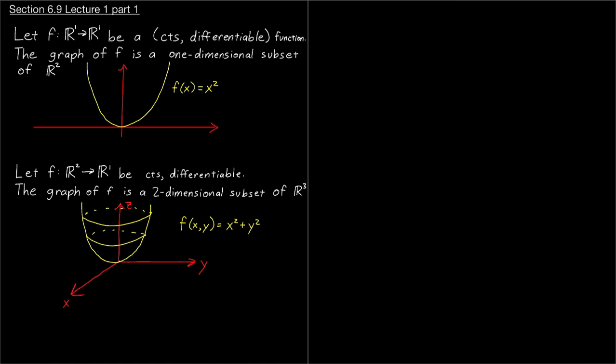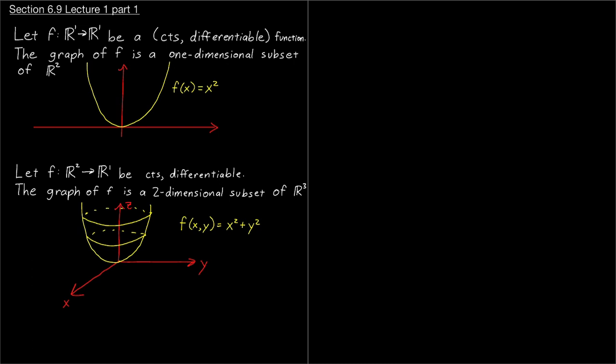And if you visualize that, you get a two-dimensional surface. And if you track yourself down a nice 3D graphing program, you can plot graphs of all kinds of functions of 2 variables, and they all look like two-dimensional surfaces. And I encourage you to do this. It'll let you see what's going on.